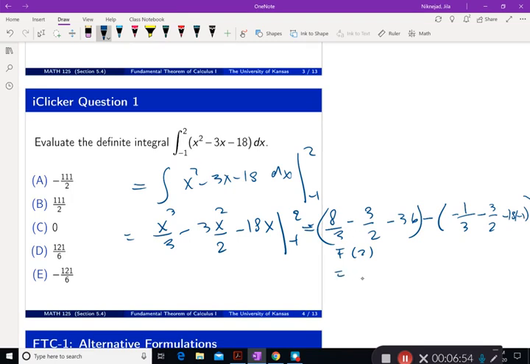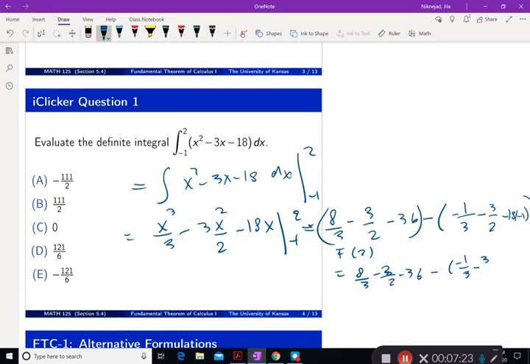And so it's going to be 8/3 minus 3/2 minus 36, and here -1/3 minus... I see.